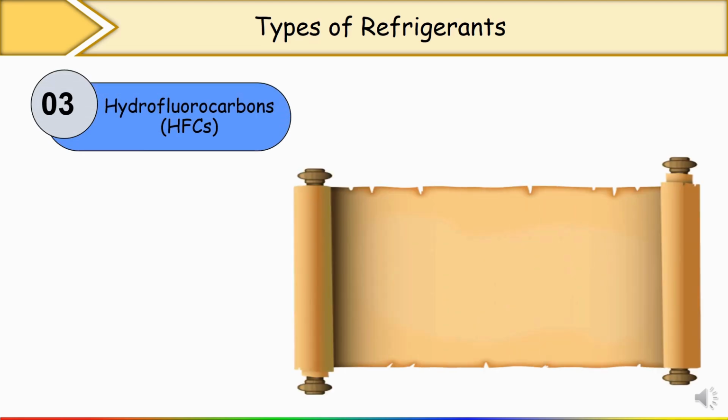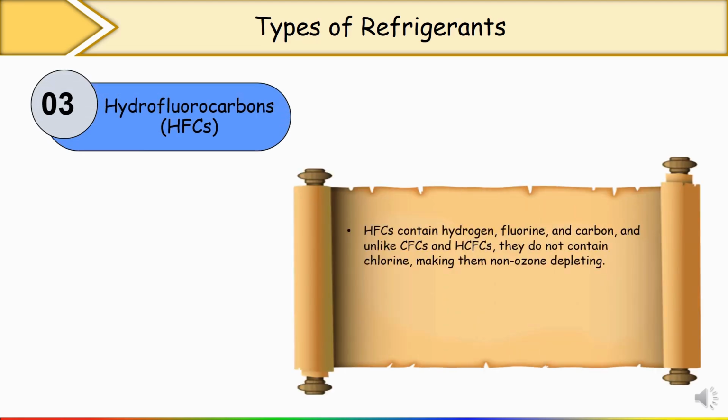See the third type here, hydrofluorocarbons, in short HFC. The hydrofluorocarbons generally contain hydrogen, fluorine and carbon, and unlike CFC and HCFC, which we have discussed earlier, they do not contain chlorine, making them non-ozone depleting.